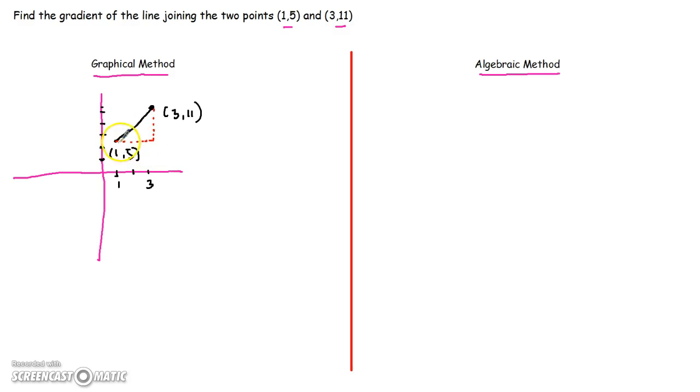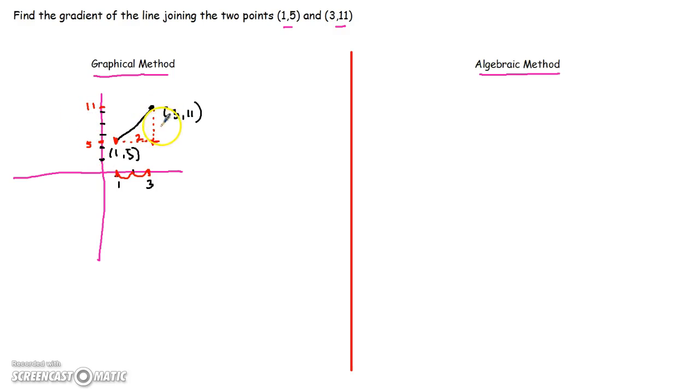Alright, here's our triangle. Our x values have gone across from there to there, from 1 to 3, so we know our run is 2, 1, 2 spots. Our rise, we've gone from 5 on the y-axis up to 11 on the y-axis.